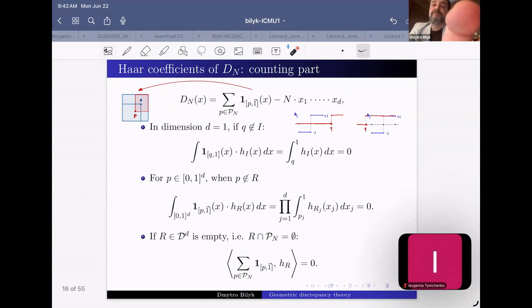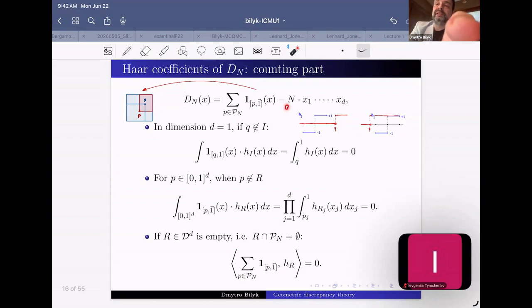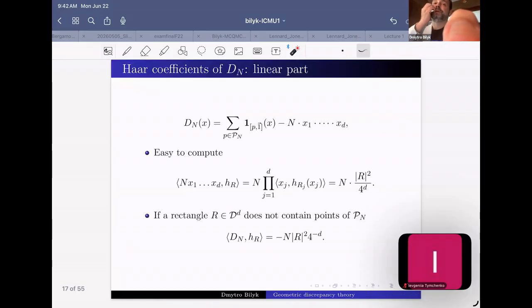Let's now deal with the so-called linear part, or the volume part. You can easily compute it again, because this has product structure and this has product structure, so it just breaks into a product of one-dimensional integrals, and that is very easy to compute. I will skip this computation.